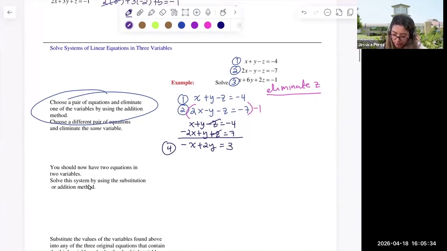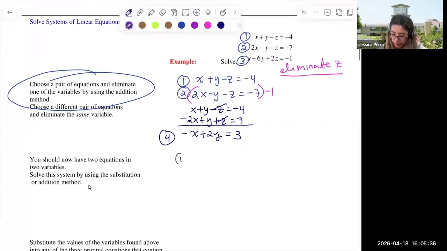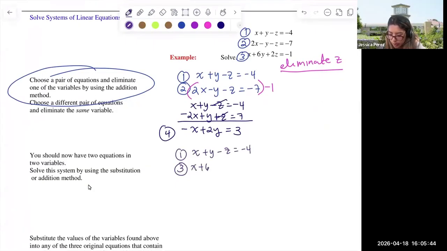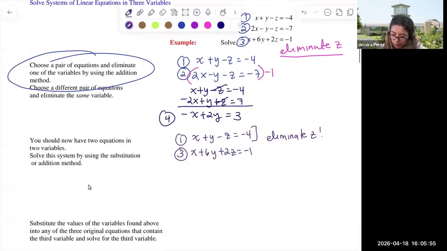Then I'm going to combine equations 1 and 3. So I have x plus y minus z equal -4, x plus 6y plus 2z equal -1. Again, I'm going to stick with the same variable that I'm going to eliminate. I'm going to eliminate z. To eliminate z, I have to multiply the top by number 2.